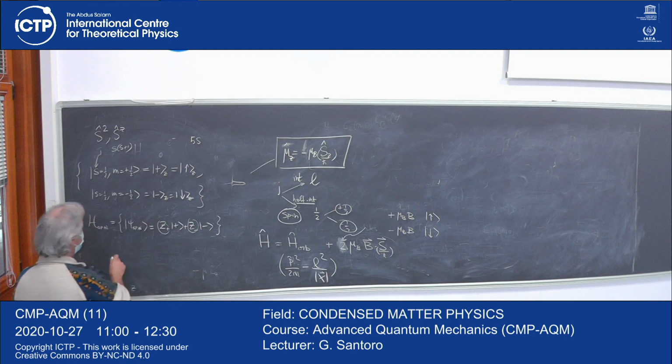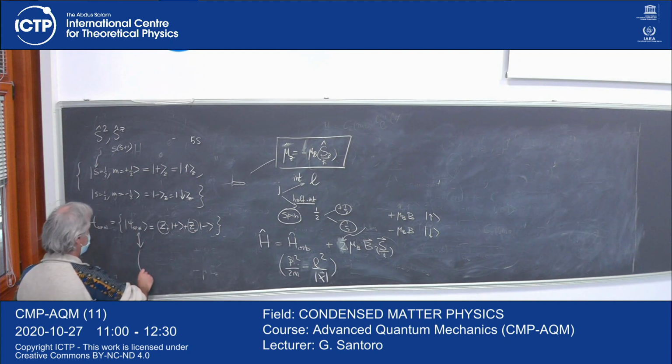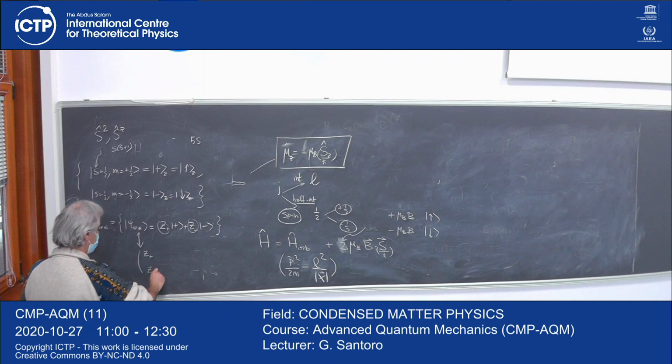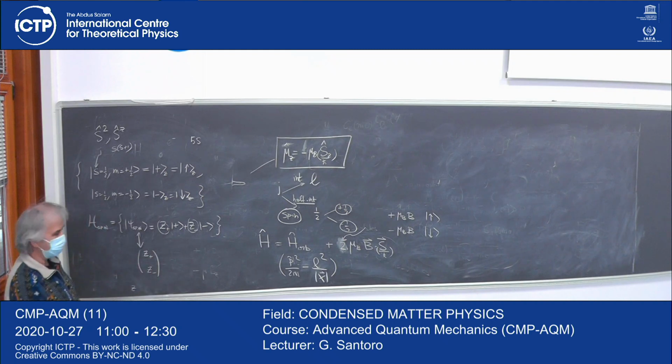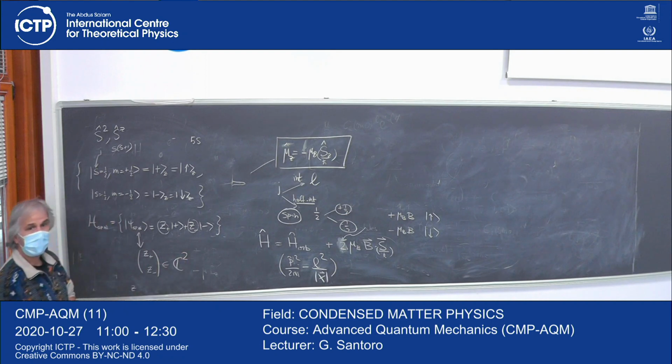So if you want, I can associate in a unique way the matrix representing this object with a 2 component column vector, an element of C2. Remember, given a basis, any n-dimensional Hilbert space can be identified with a column of n complex numbers.